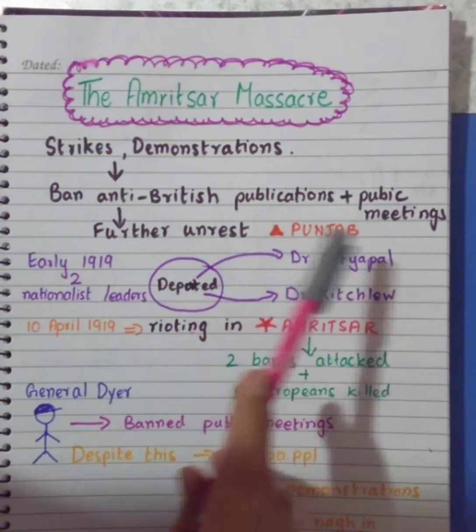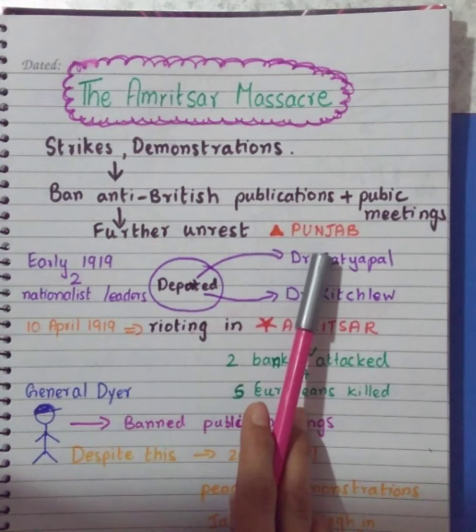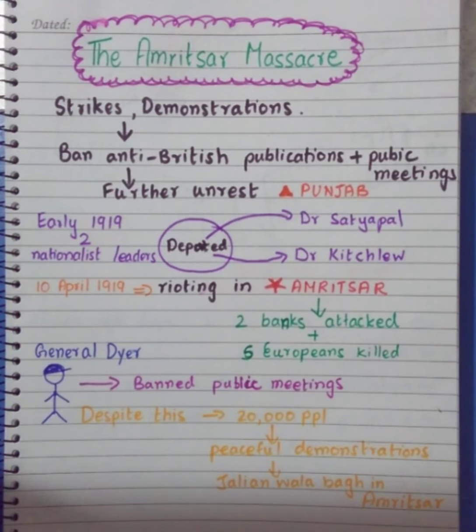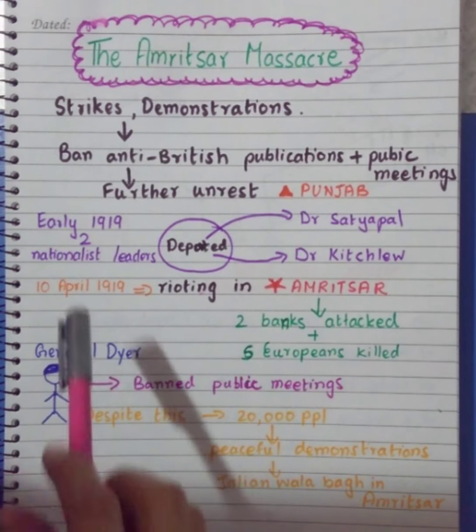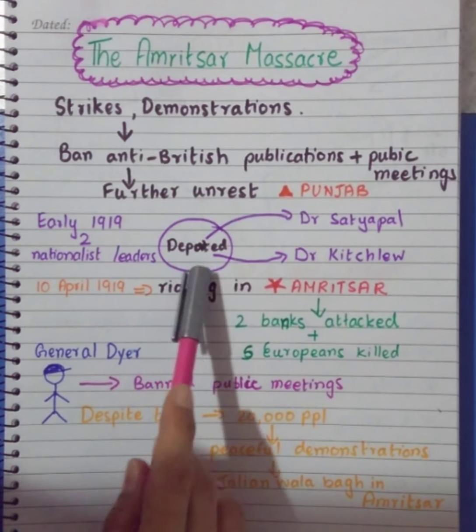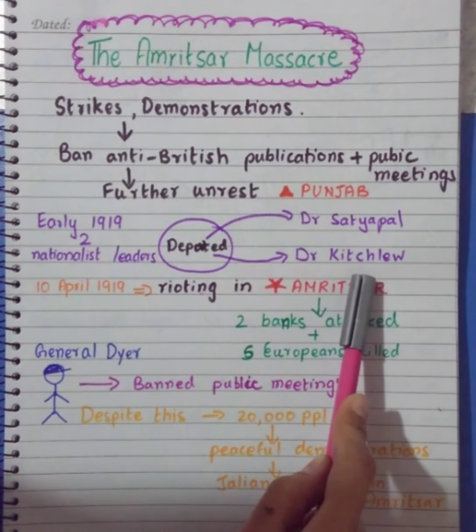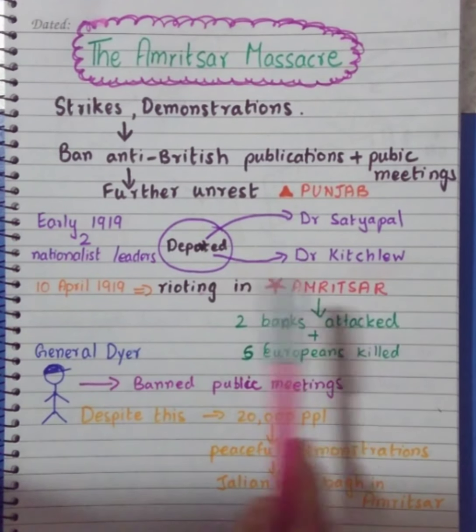Then this led to further unrest, especially in the province of Punjab, and we see that in the early part of 1919, two nationalist leaders were deported from India, and they were Dr. Satyapal and Dr. Kichlu. This led to further violence.